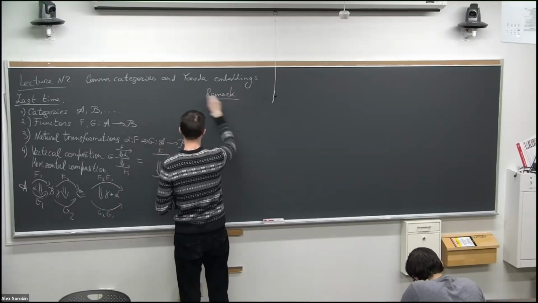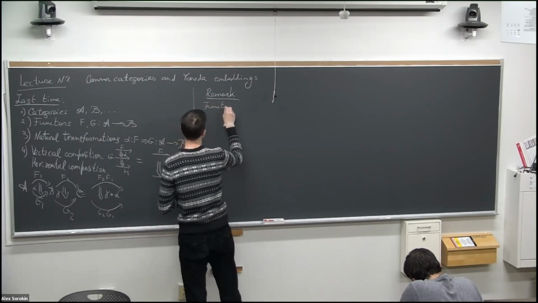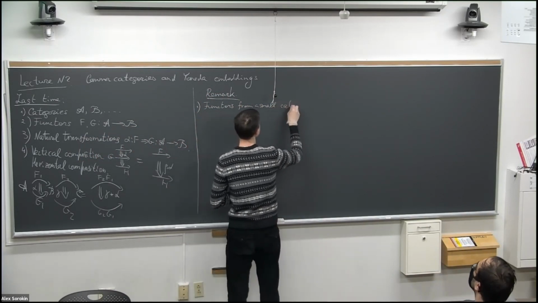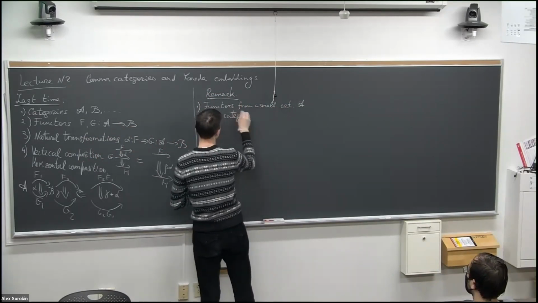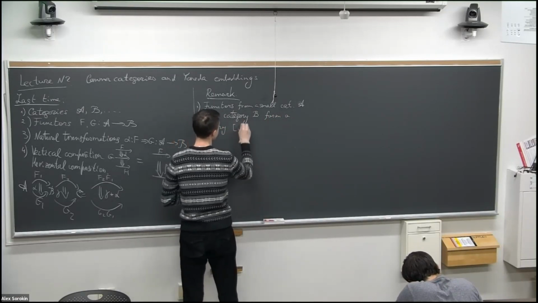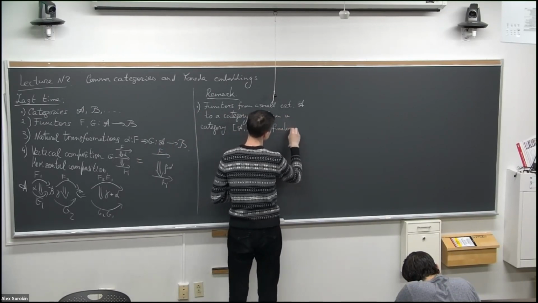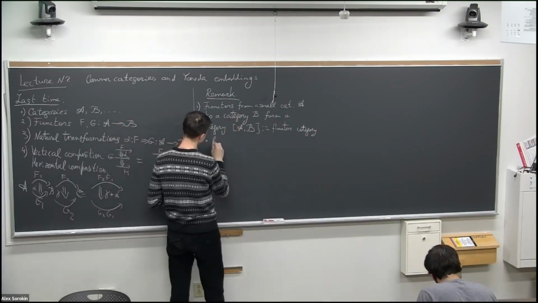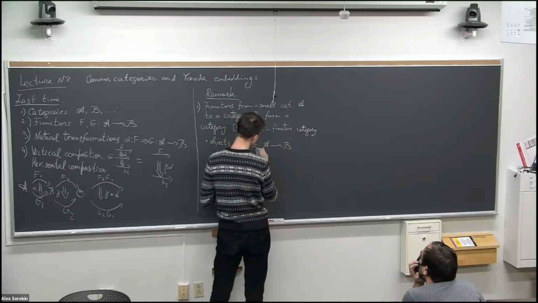Remark. First, functors from a small category A to a category B form a category of functors from A to B, whose objects are functors F, G from A to B, and so on.